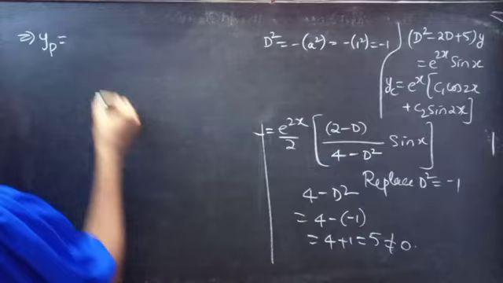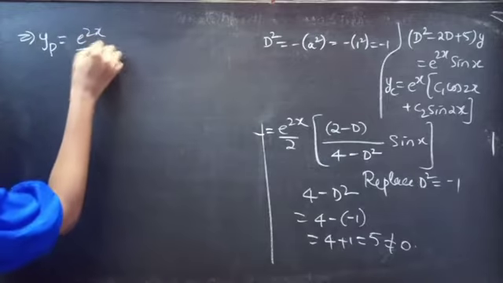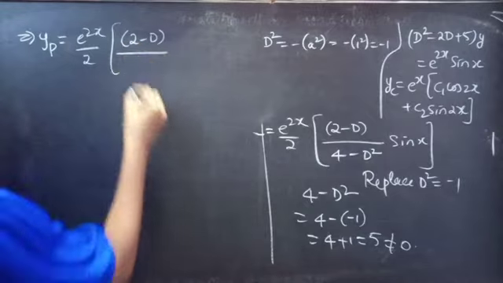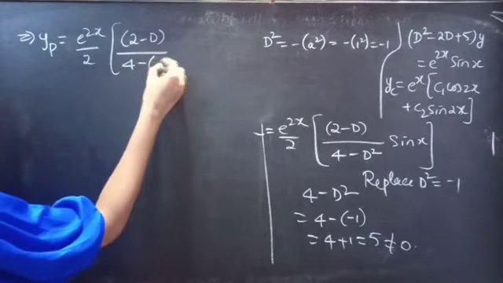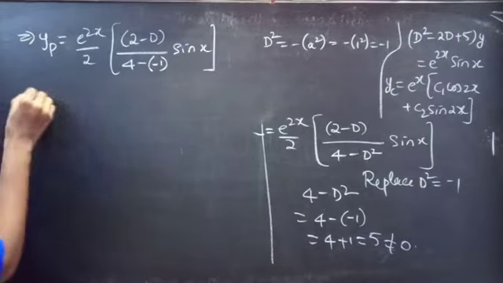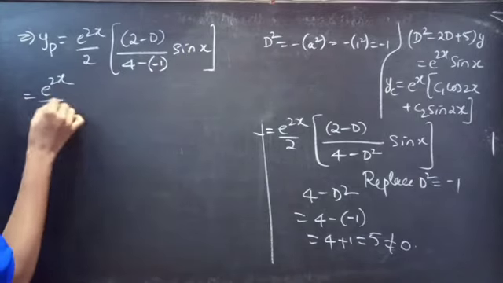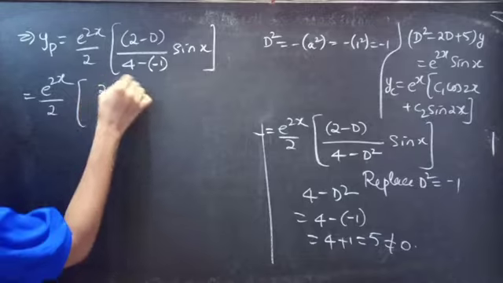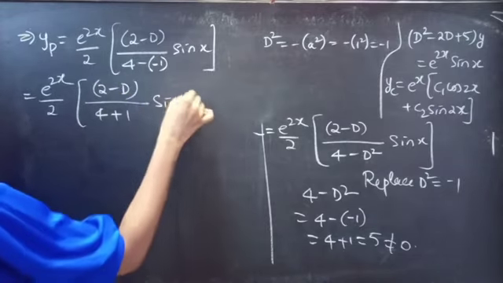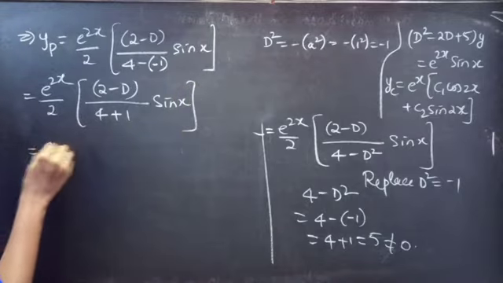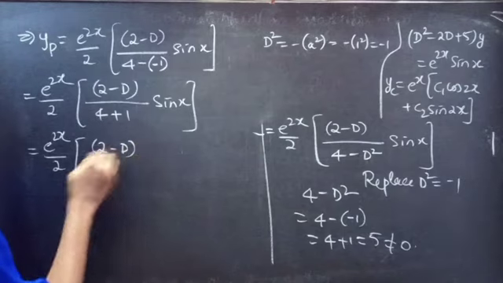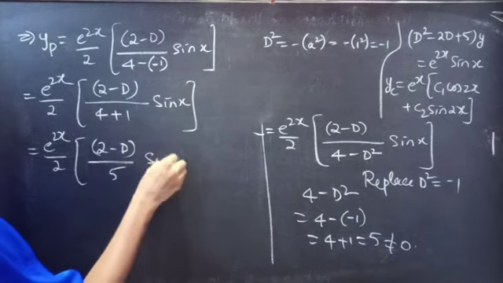Then y_p becomes e^(2x)/2 into (2 minus D) by 4 minus of replace D square by minus 1, into sin x, which equals e^(2x)/2 into (2 minus D) by 4 plus 1, into sin x, which equals e^(2x)/2 into (2 minus D) by 5 into sin x.